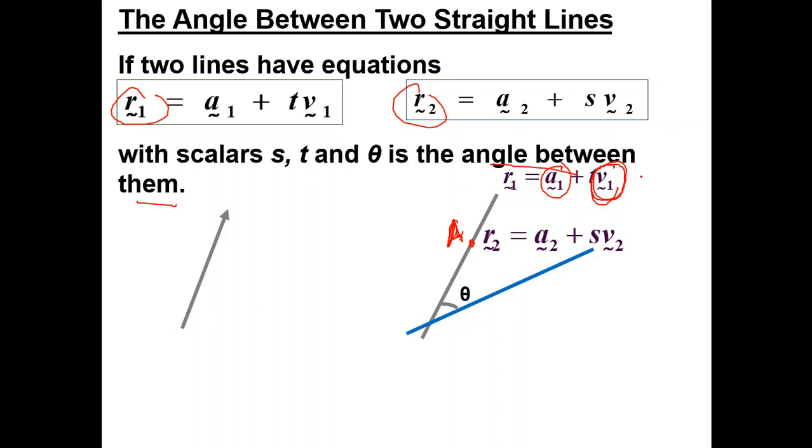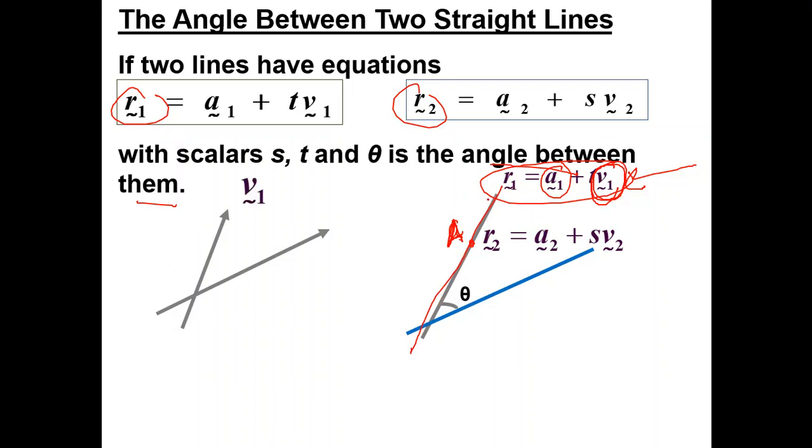So for this equation, the important part is v1, because v1 represents the direction of the line. V1 and the line are parallel.